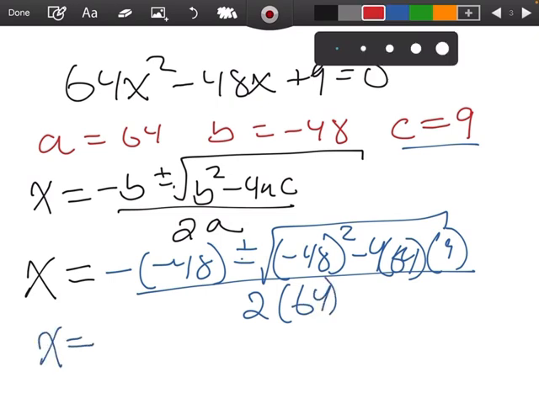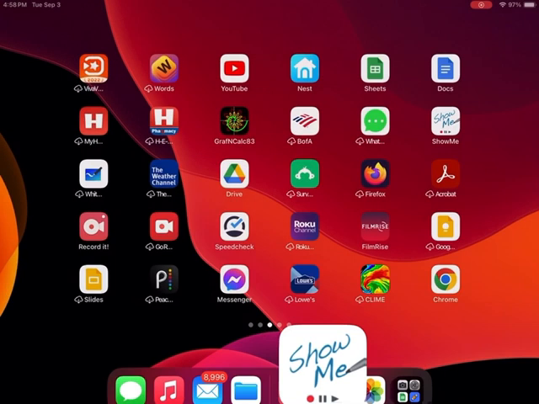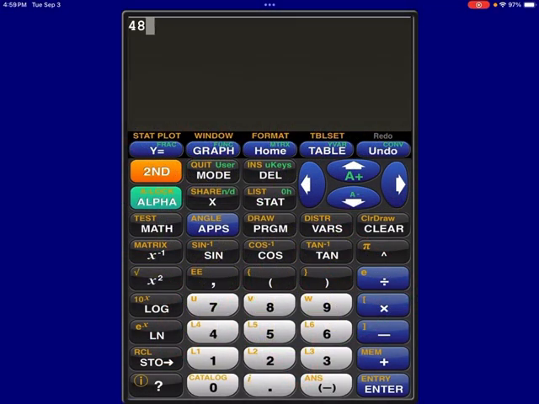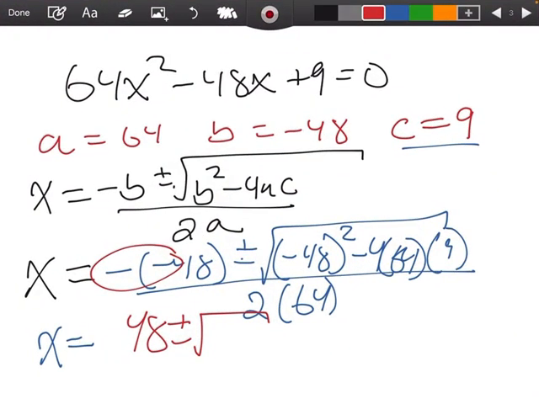So again, y'all, if you notice right here, negative and negative is going to give me a positive. I'm going to take my calculator. I want to figure out what is 48 squared. Let's clear that. 48 squared, 2304. Okay. So let's come back over here. 2304 minus 4 times 64 times 9.